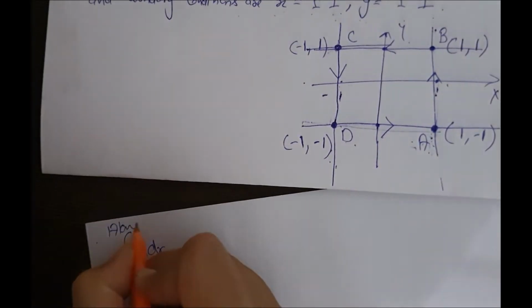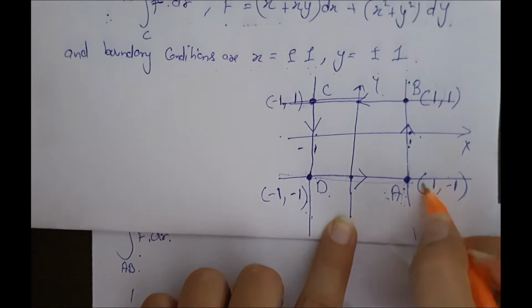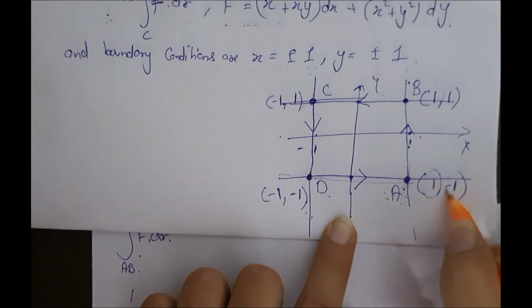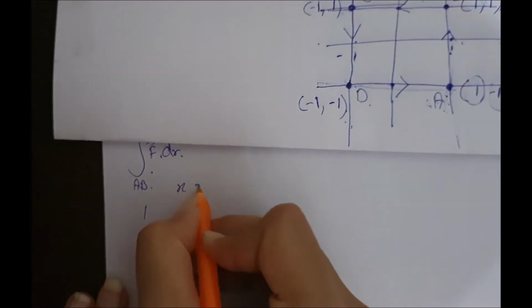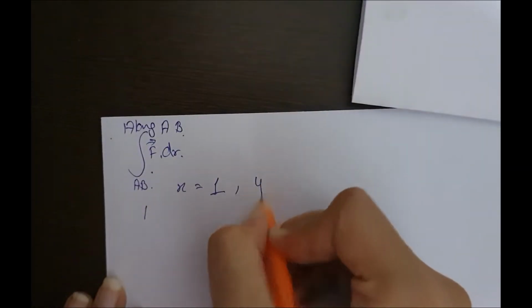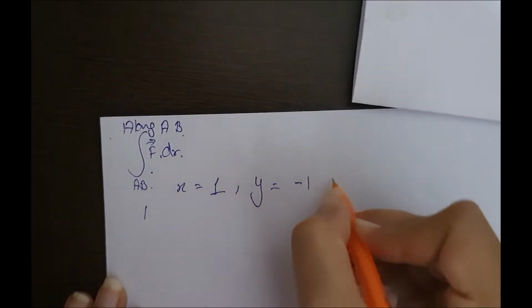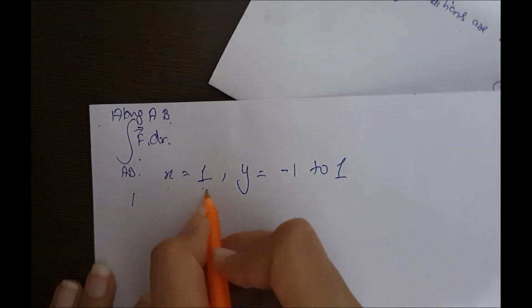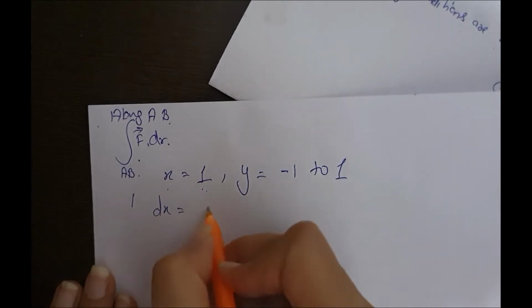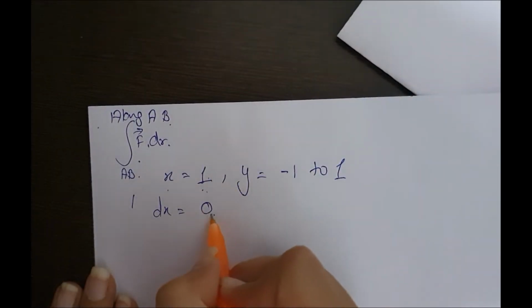Here along AB, x is 1 and y is from minus 1 to 1. Here x is equal to 1, y is varying from minus 1 to 1. If x is 1, then dx will be 0, because if you differentiate a constant it comes out to be 0.